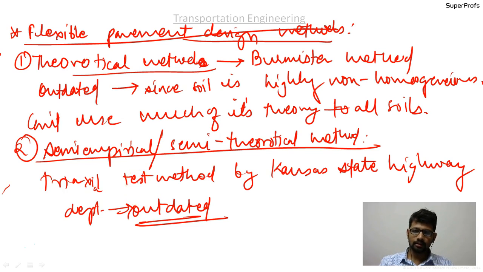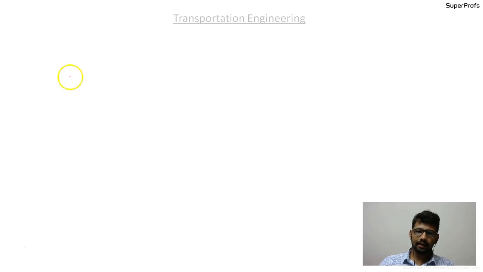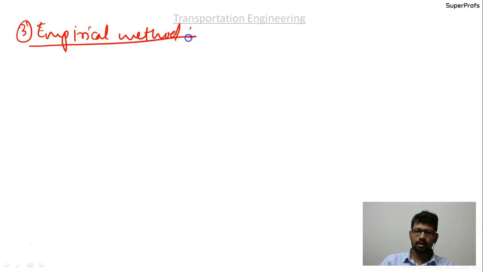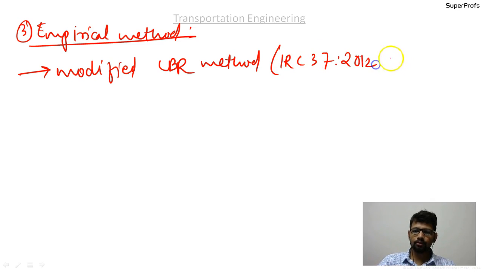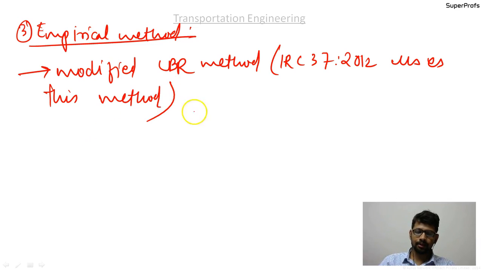The third method is the empirical method, which is the modified CBR method. IRC 37, 2012 uses this method, though it is an empirical method.